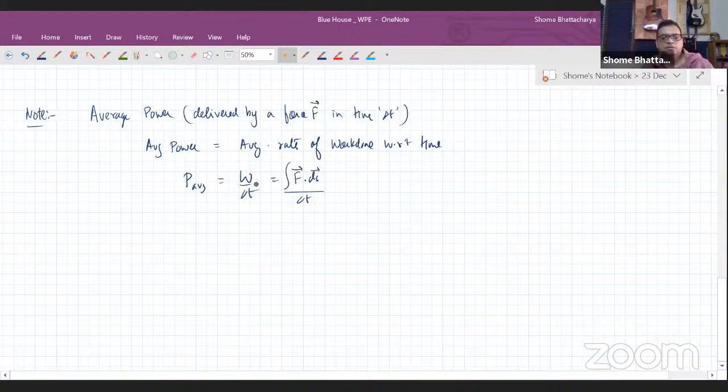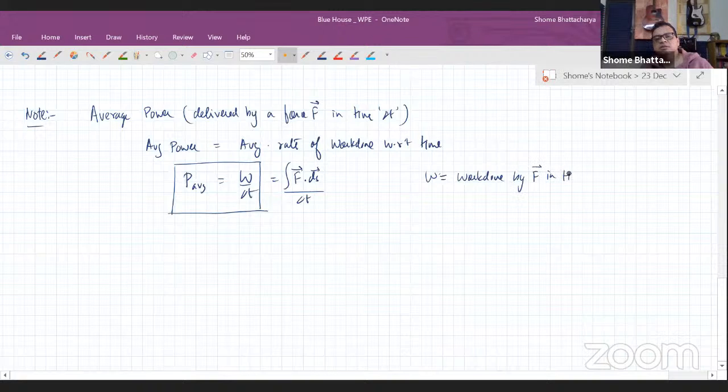The better way to understand it is that it is the total work done by the force F in that time interval delta t, that is the integration of F dot ds from whatever initial to final position in that delta t.